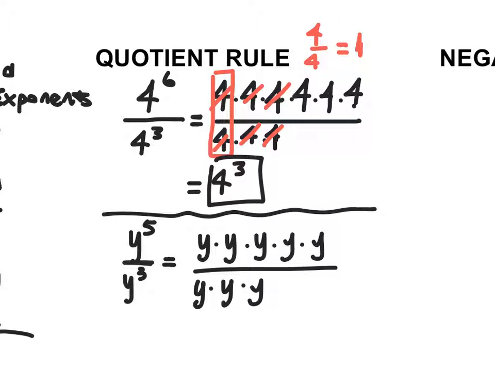My y's divide out here and here. y divided by y is 1, so you're just left with y squared as a result.